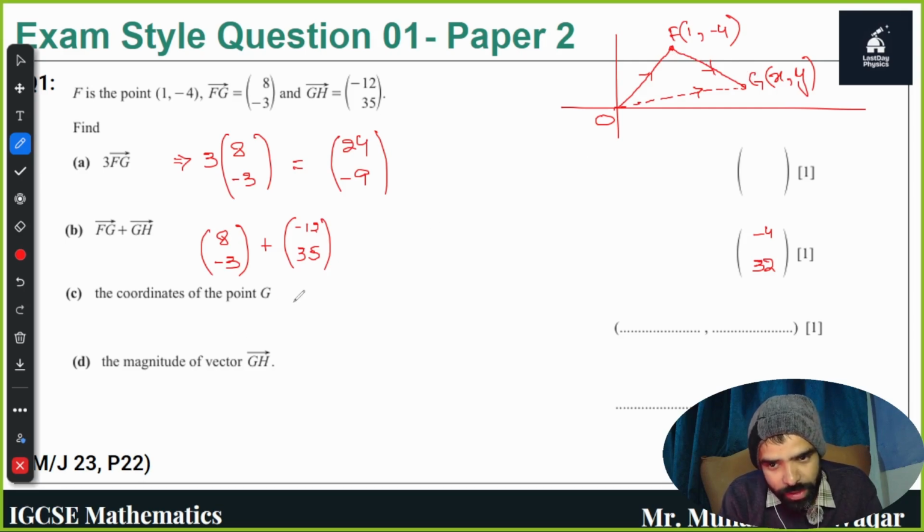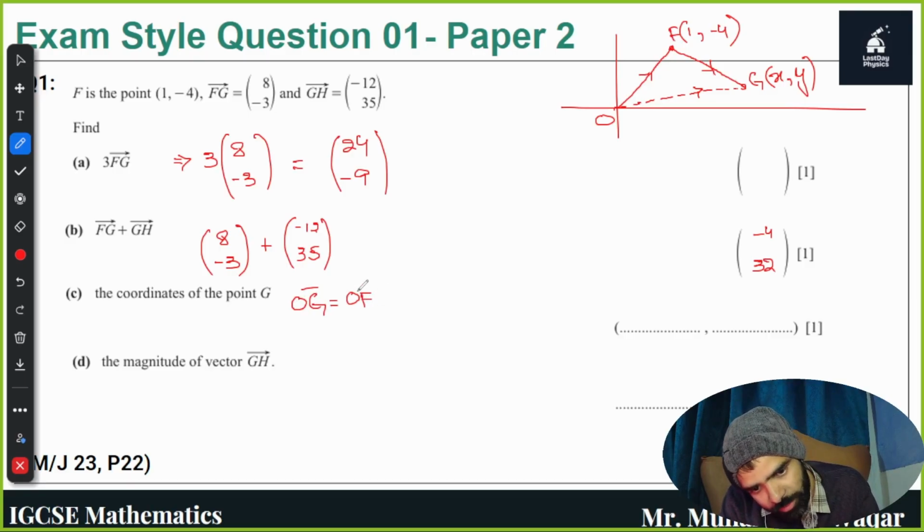To find the coordinates of G, you will consider OG is a vector which is OF plus FG.